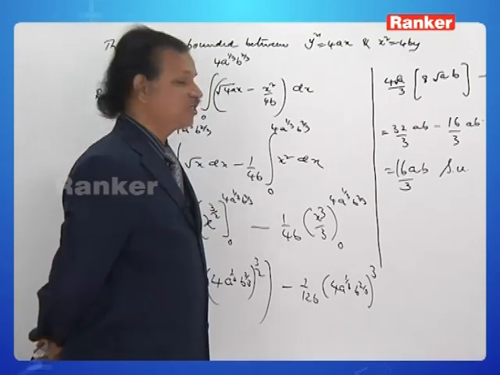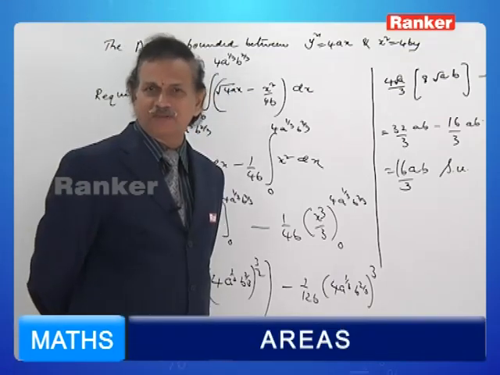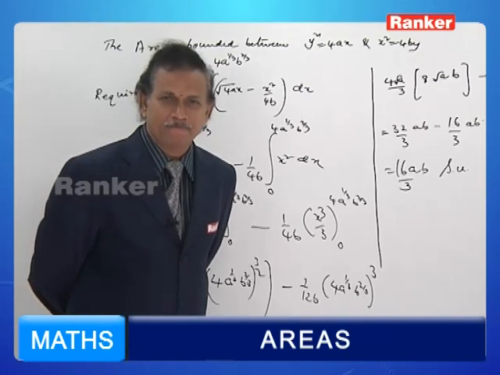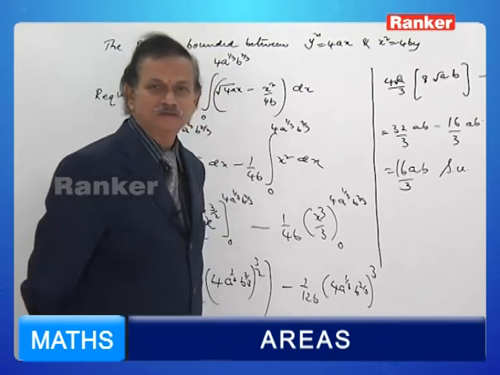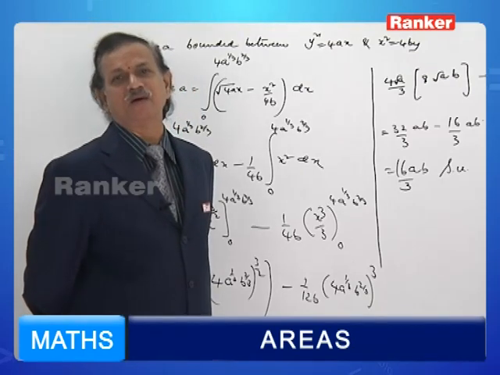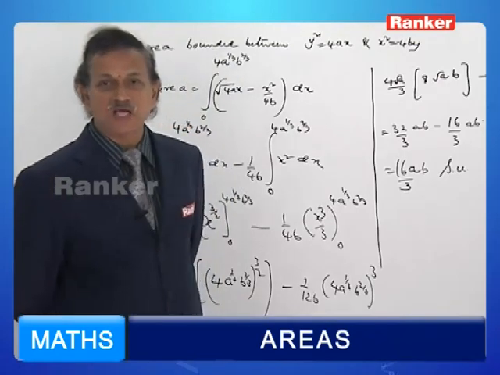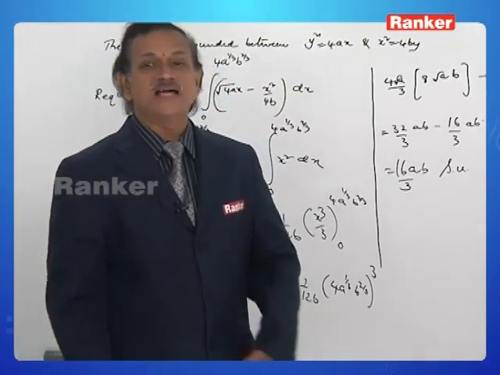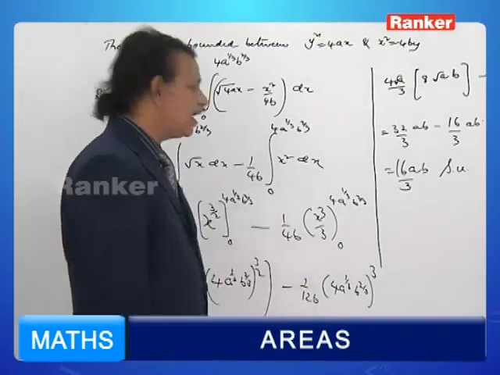If you just change the values of a and b, you can reuse the answer as many times as you like. That is why this works as a formula: the area bounded between two parabolas is 16ab by 3 square units. Let us have a look at applications of this formula now.